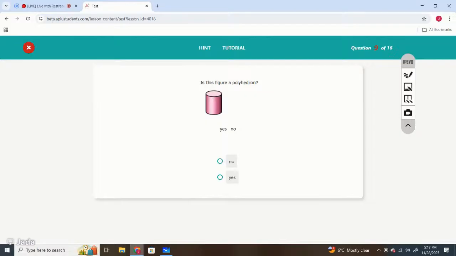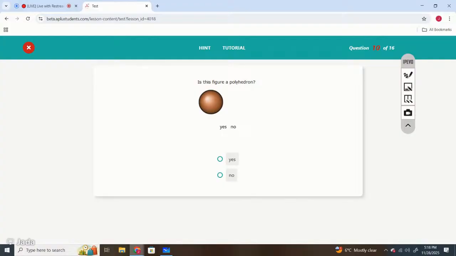Is this figure a polyhedron? No, that is not a polyhedron. Is this figure a polyhedron?